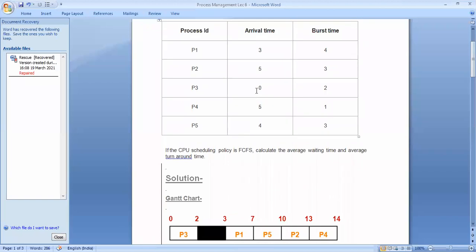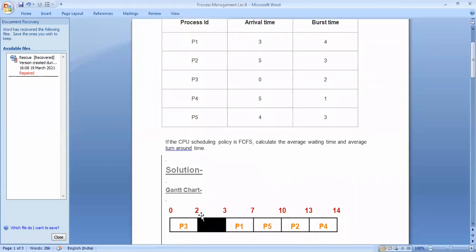But after 2 milliseconds, is any other process ready in the ready queue? Has any other process arrived? Check. No. No other process is in the ready queue. So in this time the CPU is idle, because no process is there. That's why from 2 to 3 the CPU is idle.